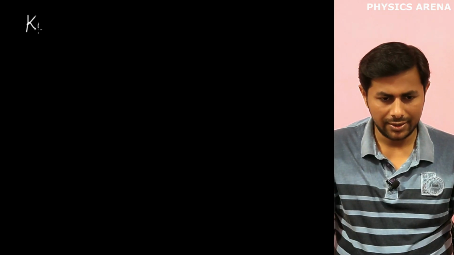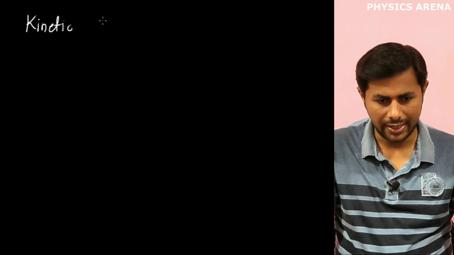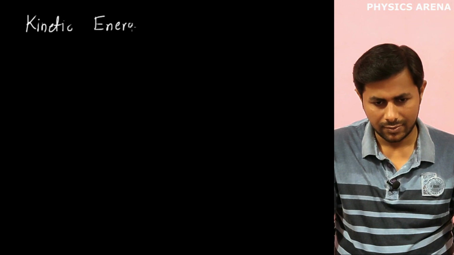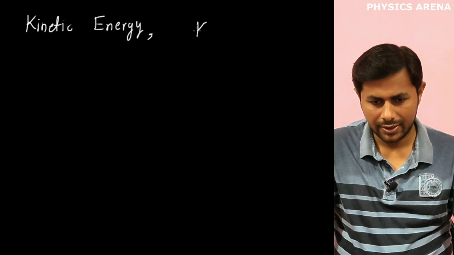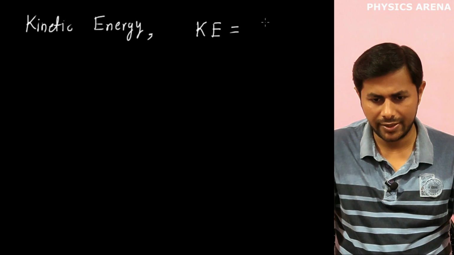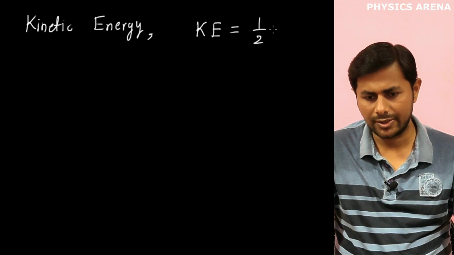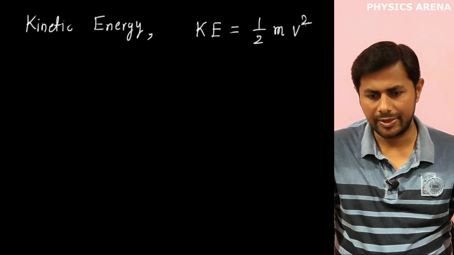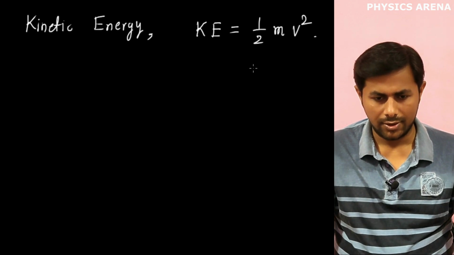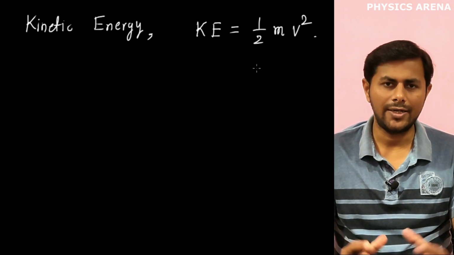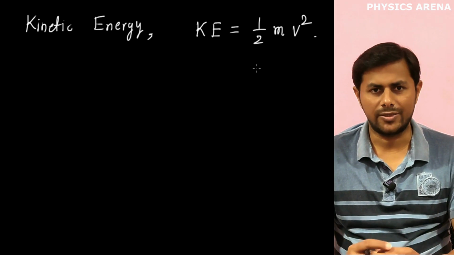So now let's look at this term called kinetic energy, and we have defined the kinetic energy of an object as half of its mass multiplied by speed squared. So the question is, why is it called energy in the first place?